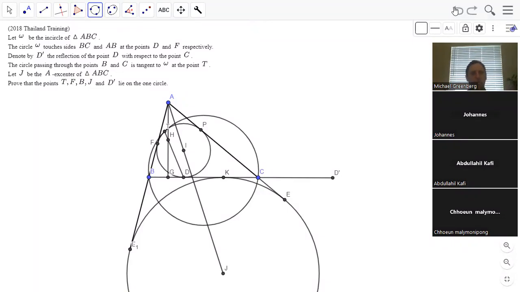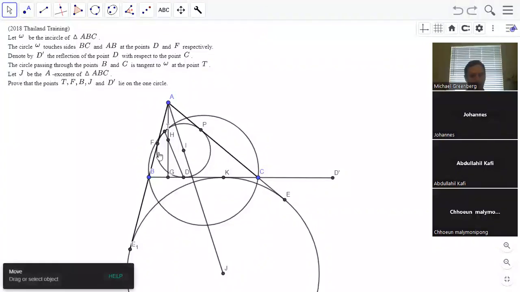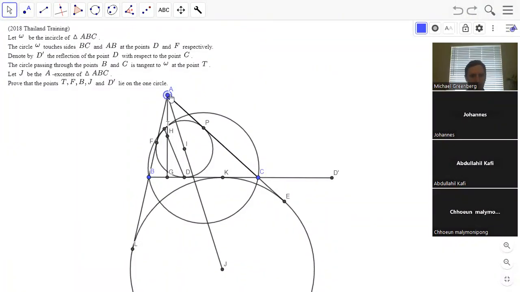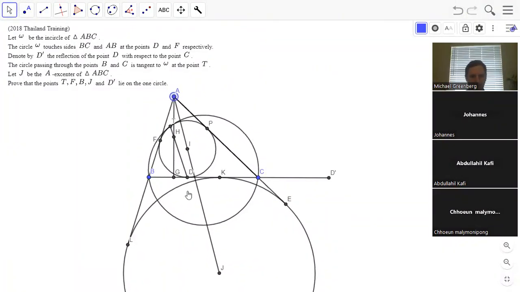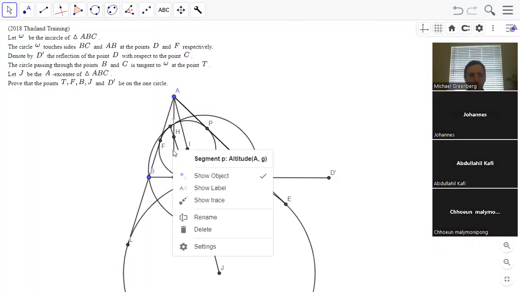It's a cool problem. I think the altitude is a distraction. TT just goes through J as well, which I think is much more useful in this problem.